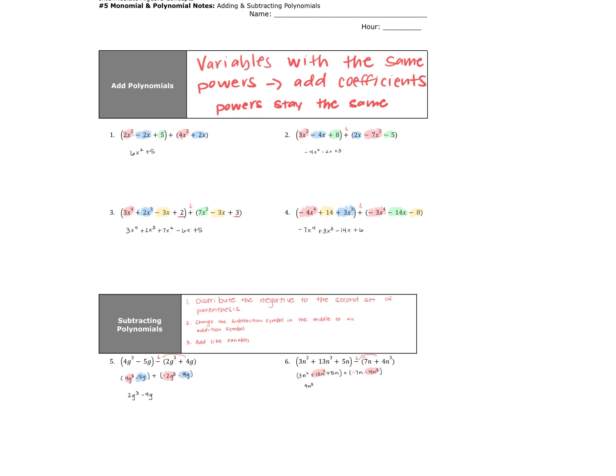So when I'm looking, I have 3n to the second, and I don't have anything else with an n to the second. It's a positive, so I'm going to say plus 3n to the second. And now I want to do just my n's. So when I look at those, I have 5n plus negative 7n. If I have 5 plus negative 7, that's going to give me a negative 2n. Okay, let's move on to the back side.